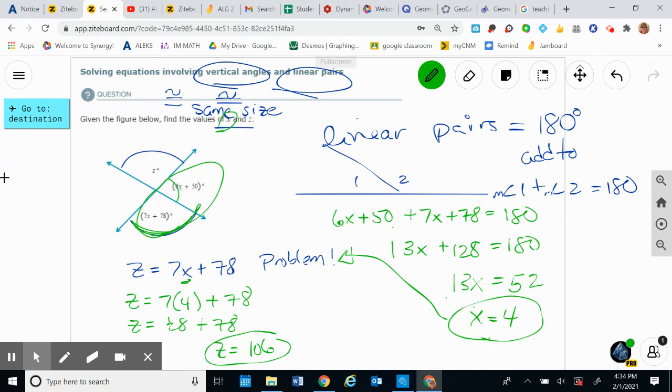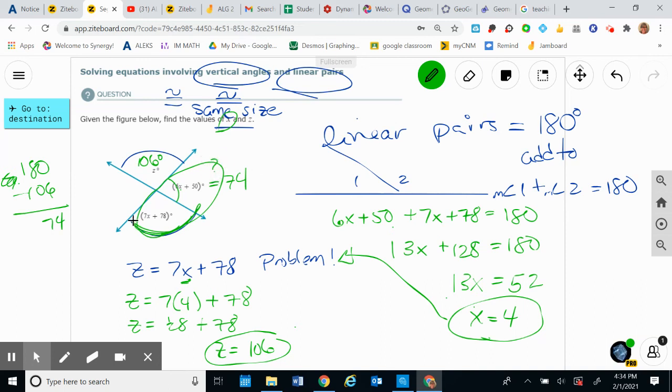We could check it. 7x plus 78 is 106, we already figured that out. Then 180 minus 106 is 74. So this one should equal 74.